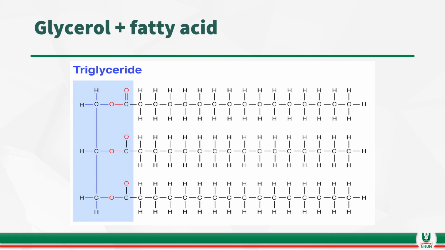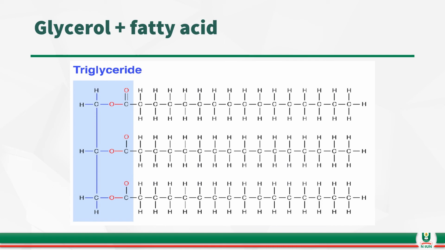When this happens, if it's only one that has reacted, it is monoglyceride, 2 is diglyceride, 3 is triglyceride, or what is called neutral fat. So this is how we have fat when glycerol reacts with the fatty acids.